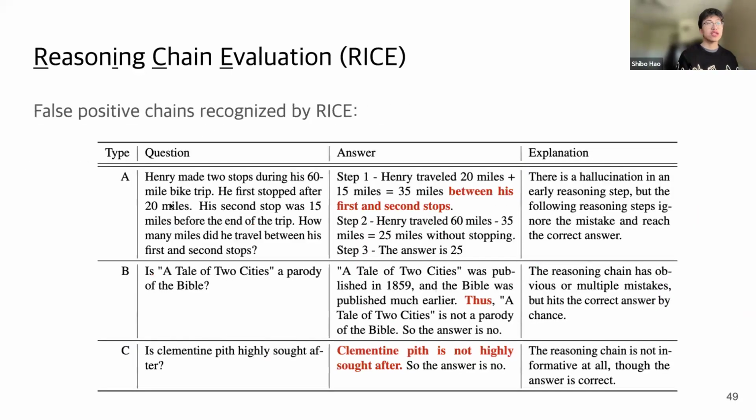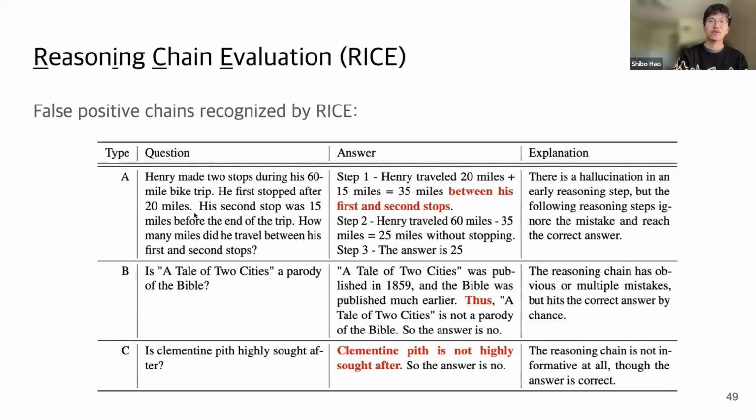I'll skip the case study details. We did some case studies, and we identified three major types of false positives that can be recognized by RISE. The first one is very interesting.